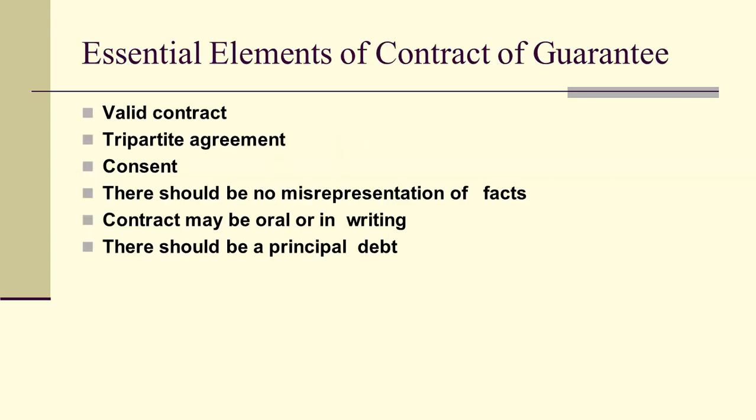So, essential elements of a contract. A contract of guarantee can be performed only when certain essential elements of the contract are fulfilled. The following are all the essential elements of a contract.